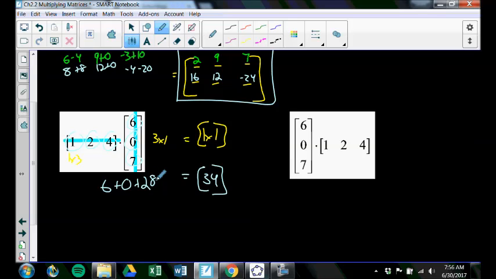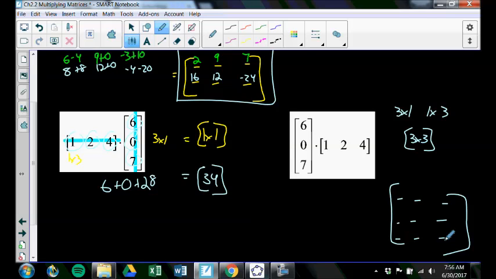This one, however, is a 3 by 1 times a 1 by 3. The new matrix will be a 3 by 3. I find it very helpful to write out the slots and try and do that as non-ugly as possible, which isn't always my strength. I'm going to do this quickly.